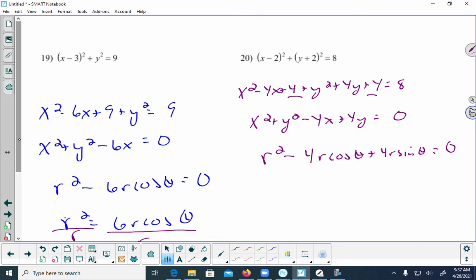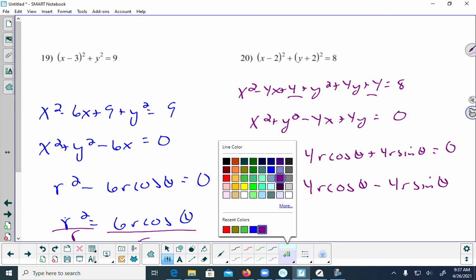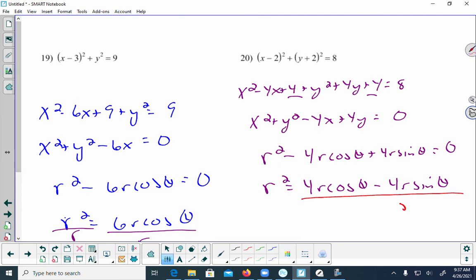I can divide by r here or put everything on the other side. I think it's just easy to put everything over to the other side. So I'm going to have plus 4r cosine minus 4r sine. Divide everything by r, and I'm going to get r is equal to 4 cosine theta minus 4 sine theta.